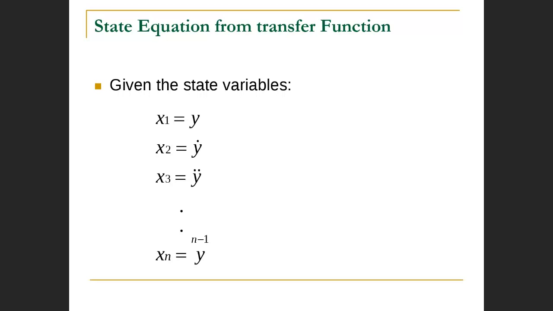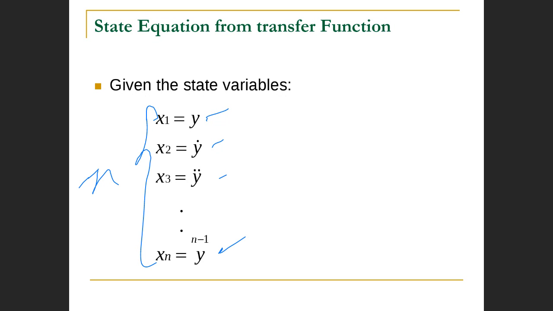We have selected our n state variables, and they are equal to the output and the n minus 1 derivatives: the first derivative, second, up to the n minus 1 derivative, which gives you a total of n state variables.